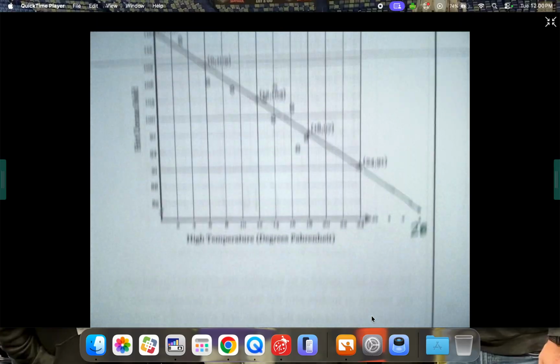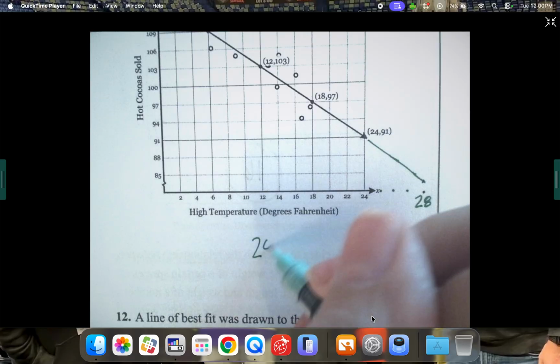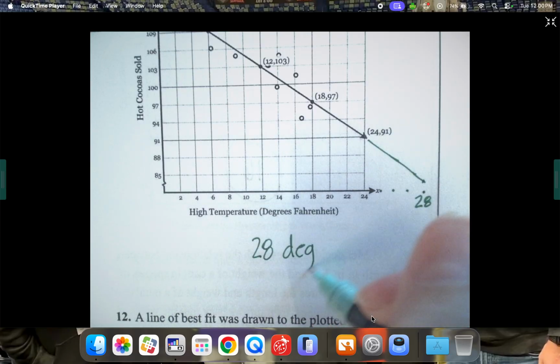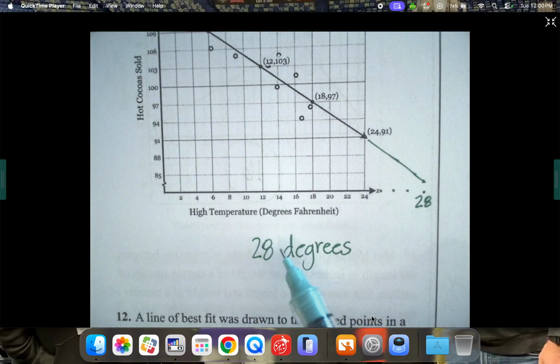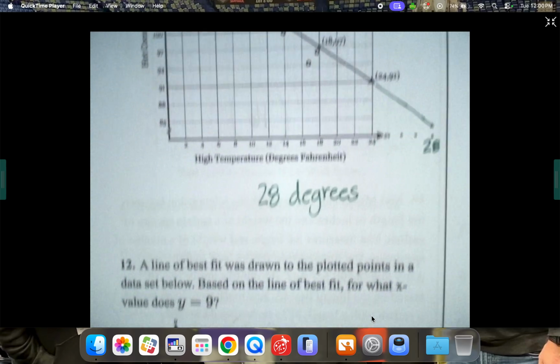So I would guess about 28 degrees. And again, you should be given maybe a 1 or 2 point margin of error. So it might be 29 or 27, but 28 is a pretty good guess.